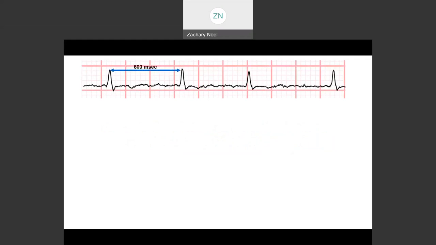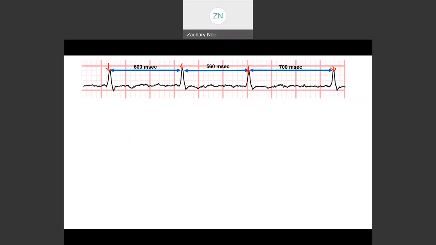So in atrial fibrillation, the x-axis is looking at time, so if we were to measure the time between one QRS interval and the next, and do that throughout this ECG strip, we would see that it varies significantly with time. You can see 600 milliseconds versus 560 versus 700.